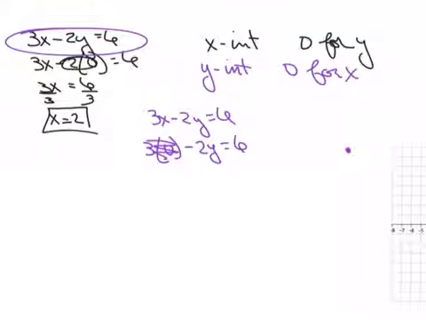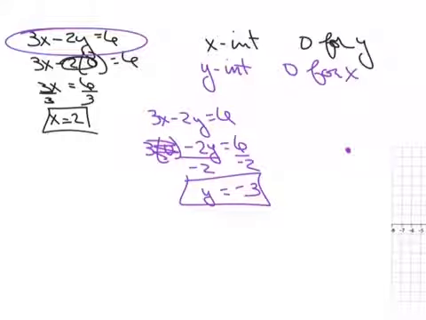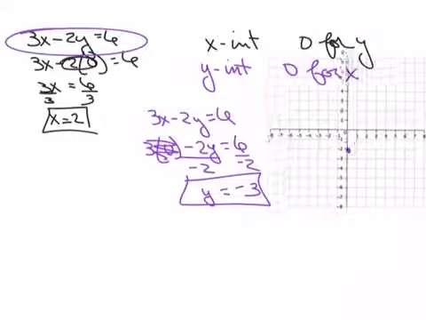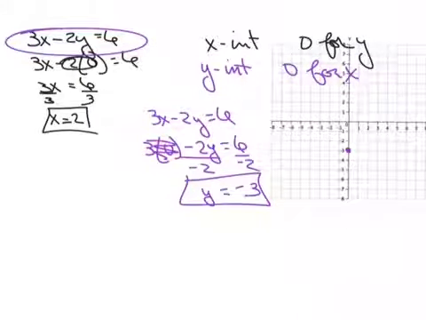That goes away because 3 times 0 is 0, and we get negative 2y equals 6. We divide by negative 2, divide by negative 2, and we get y equals negative 3. So that ends up being our y-intercept. That means y equals negative 3, which is right there. That's where our line is going to cross that axis.